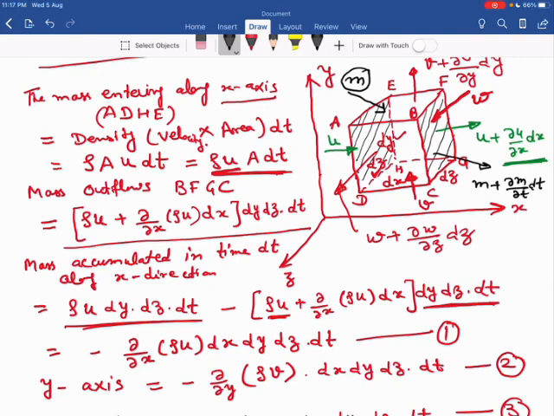This is the variation of m with respect to time. So by this you can write the mass accumulated again, as the mass leaving minus the mass entering.